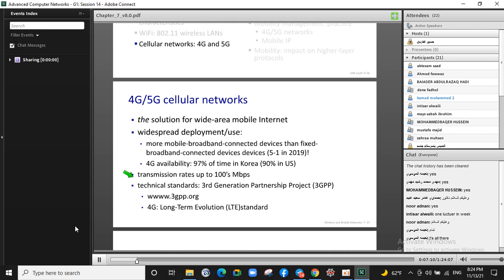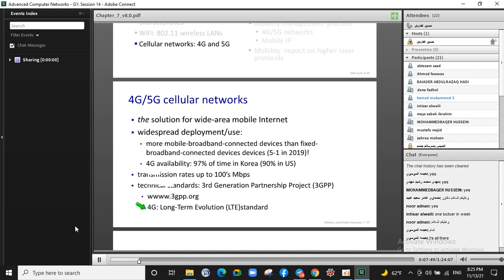Okay, in 4G technology, the transmission rate is up to 100 megabits per second, and in 4G we are using standard techniques deployed in third generation technologies, in the third generation solution of cellular networks, the Third Generation Partnership Project, 3GPP, and LTE.